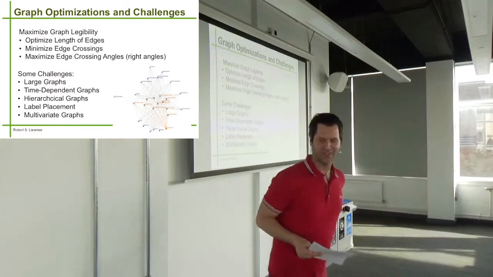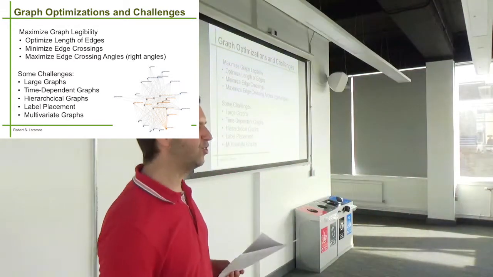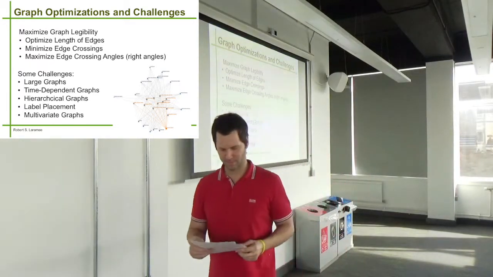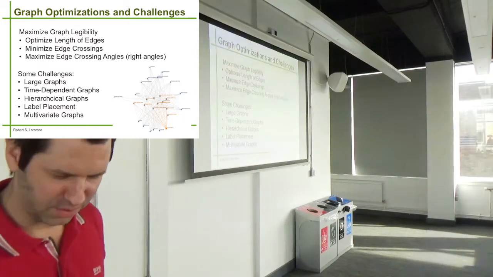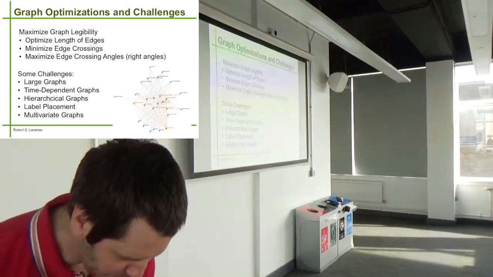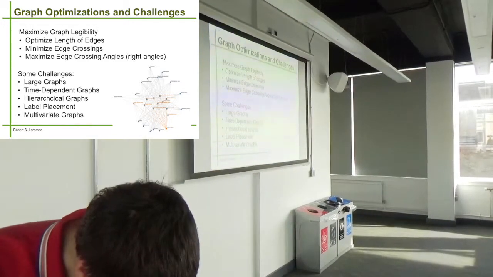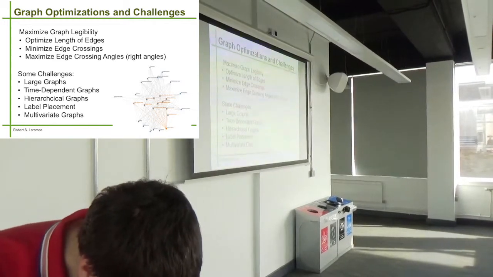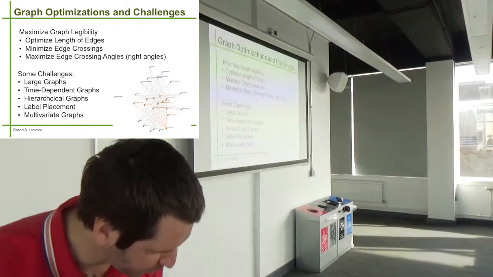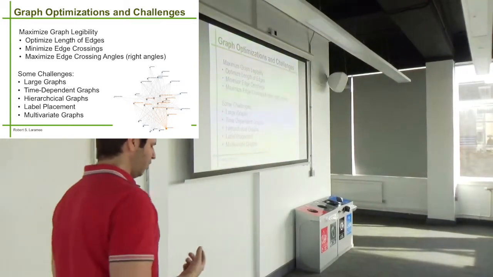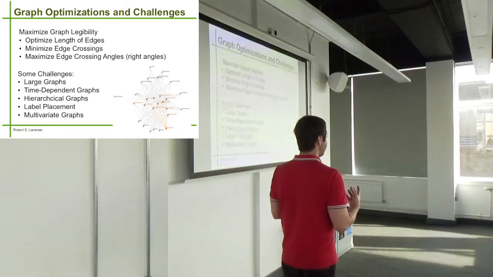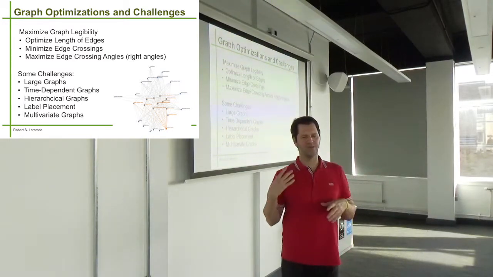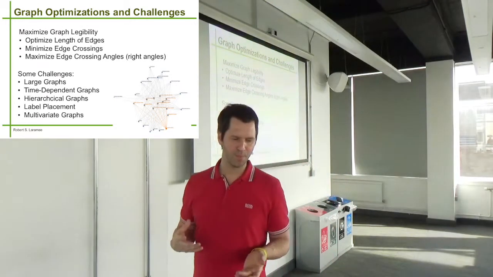Okay. So a graph is just a set of nodes and edges that connect them. That's all a graph is. At least for the purposes of this lecture. So when we're laying out a graph and presenting it, we want to optimize some properties of the graph.